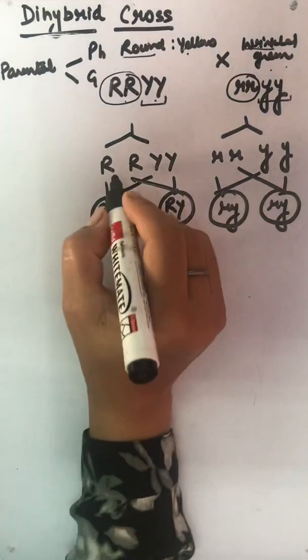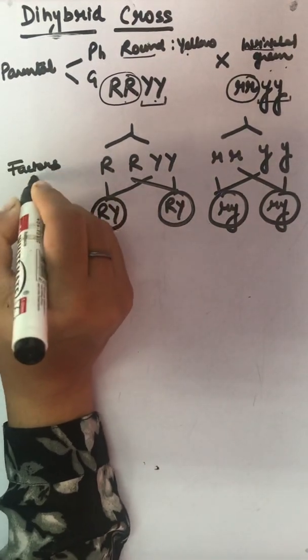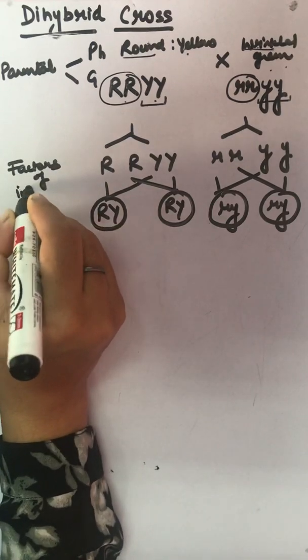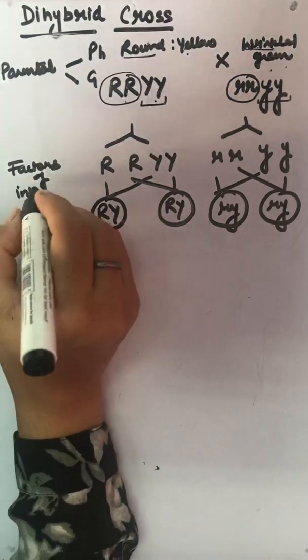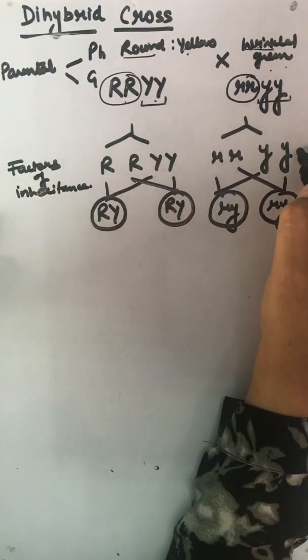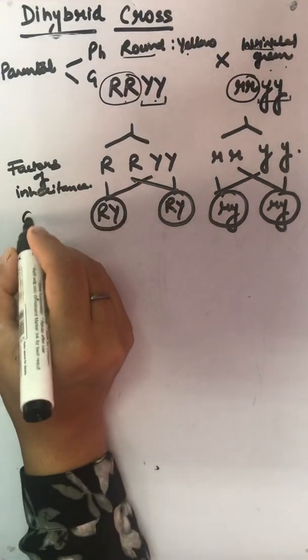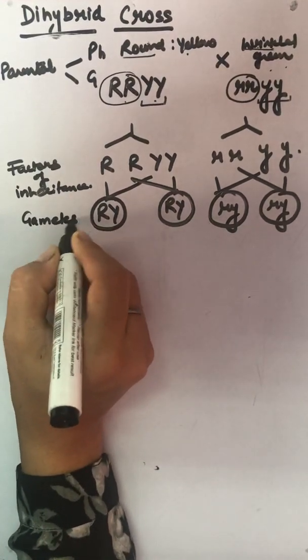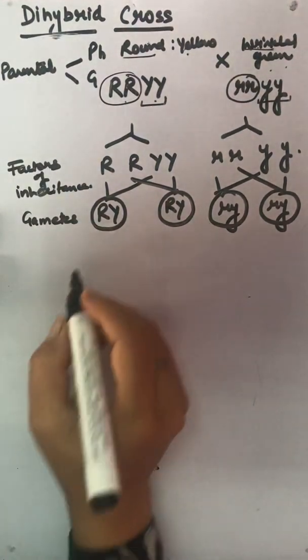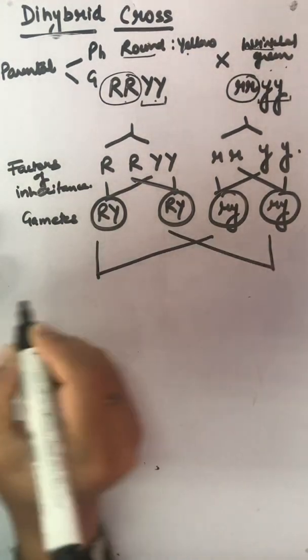So these are the factors of inheritance which have undergone the law of segregation, and here these are the gametes. Fusion of gametes will take place for the F1 generation.